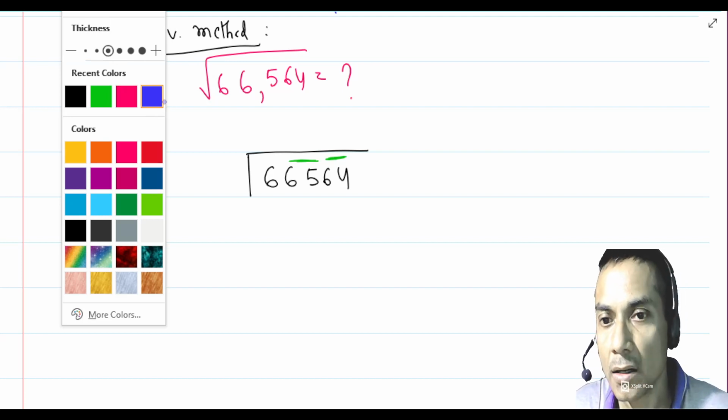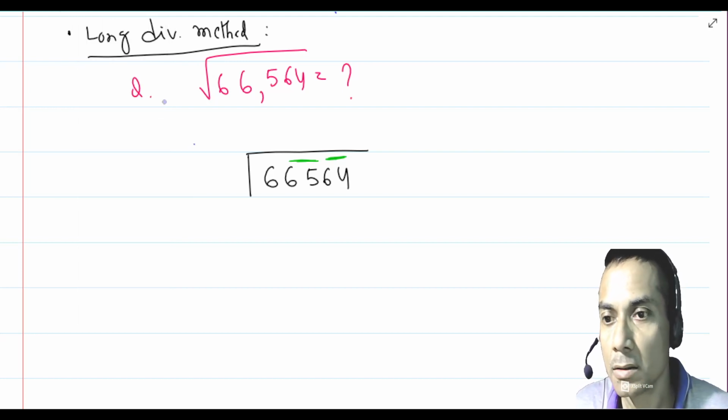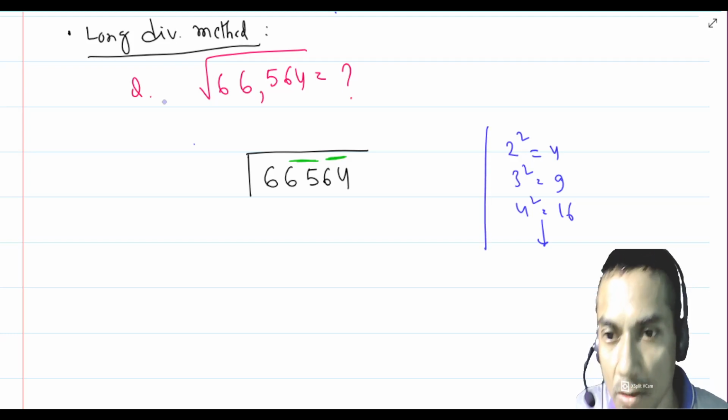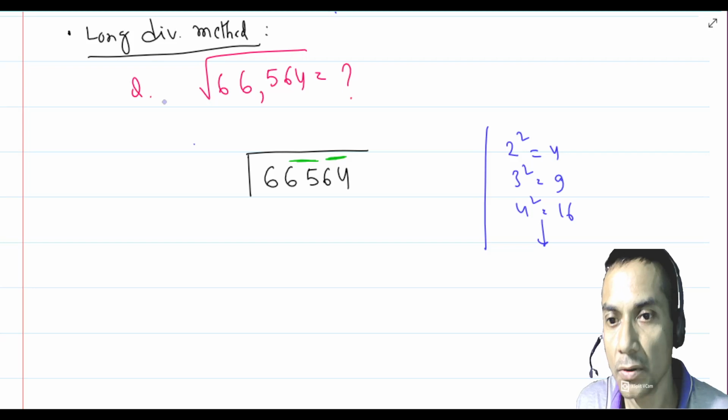We must remember it is not normal division, only the square of the number. Every time you consider 2 square is 4, 3 square is 9, 4 square is 16. These square tables you have to follow, not the normal tables. It is not normal division. So first you consider 6.